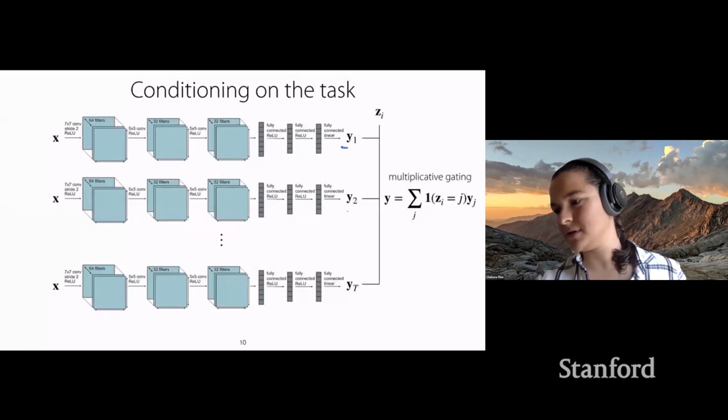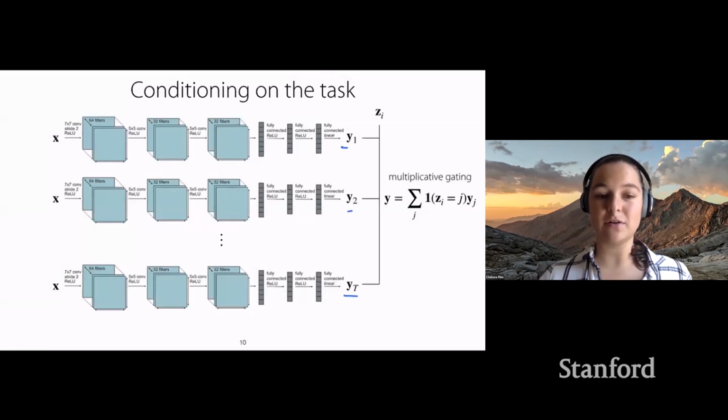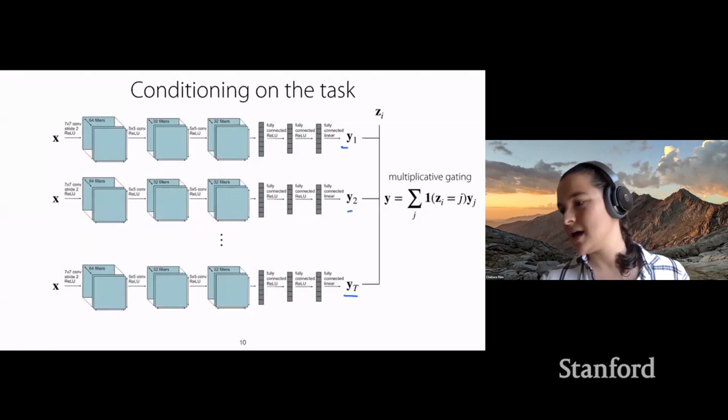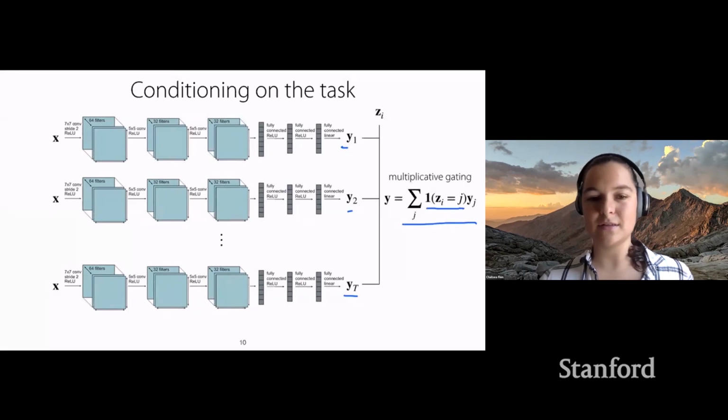each of the outputs of each of these independently trained neural networks with completely separate weights and pass that into this function here that iterates over each of the tasks and sees whether the task is the task indicated by Z and multiplies that by the output.